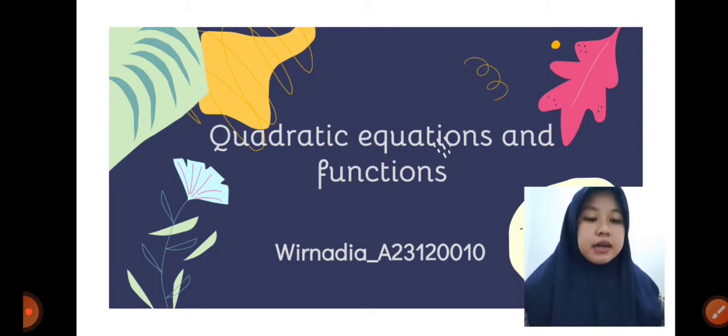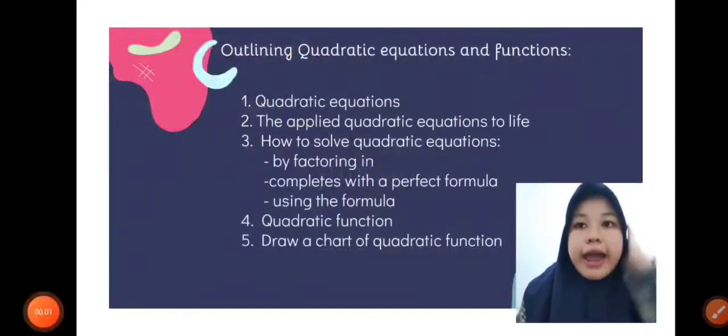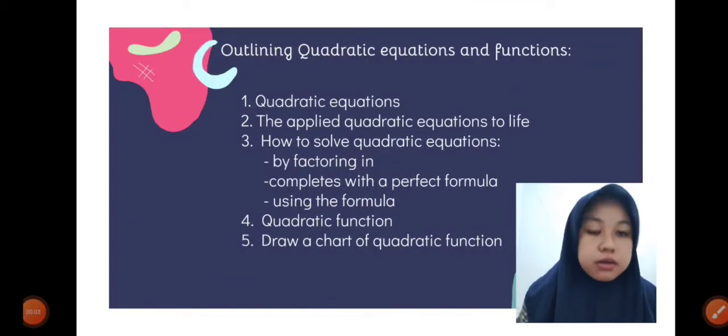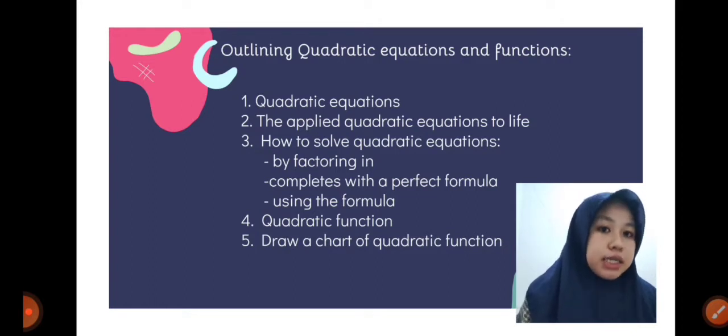So guys, we are going to talk about quadratic equation and function. Alright, now we move on to another section. This is it. First, quadratic equation. Second, the application of quadratic equation to life. Third, how to solve quadratic equation.